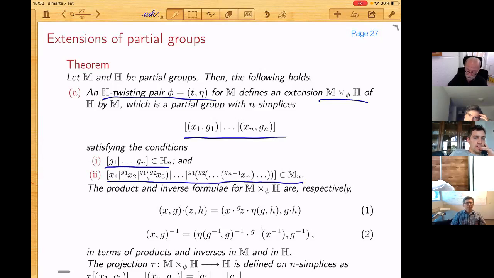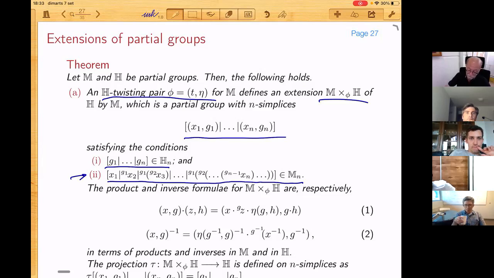So you see, this means this is not just the product of simplices. This is different from taking simplices in M and multiplying by simplices in H, right? So you have to take care of which of these simplices are allowed, and this is given by condition 2, right?